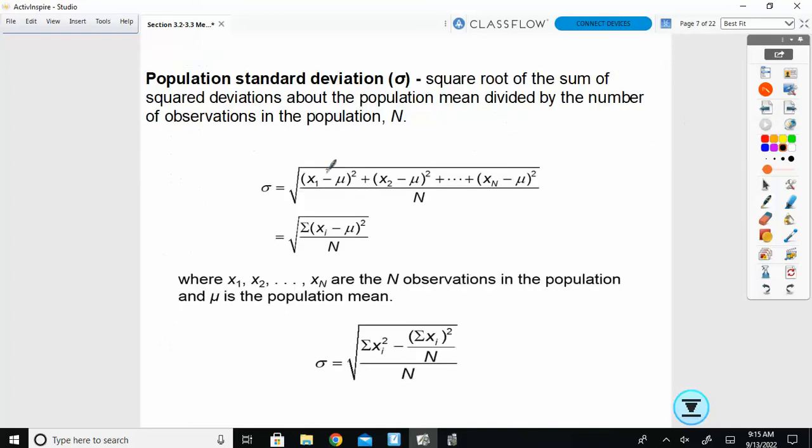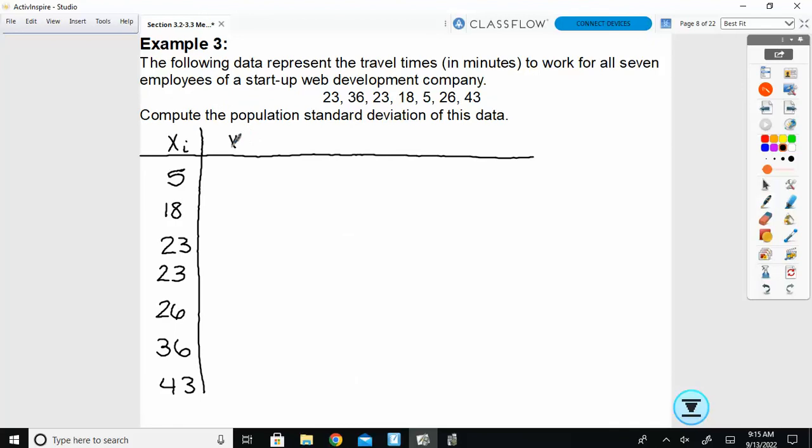The next thing that we have to do in this formula is the x sub i minus mu. And then we have to square that.